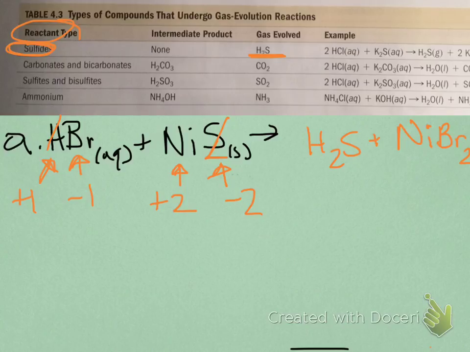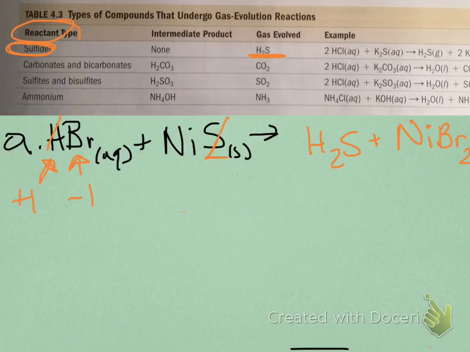So in H2S, the oxidation number for hydrogen still stays at a +1 and the oxidation number for sulfur still stays at a -2. So during this reaction, we are not changing the oxidation state, which means that in our nickel 2 bromide, the nickel needs to have a +2 charge and the bromine needs to be -1 as well. Okay, so this is our completed reaction.